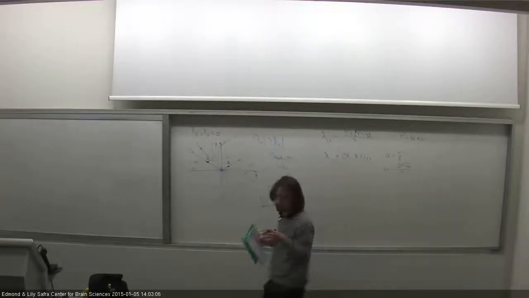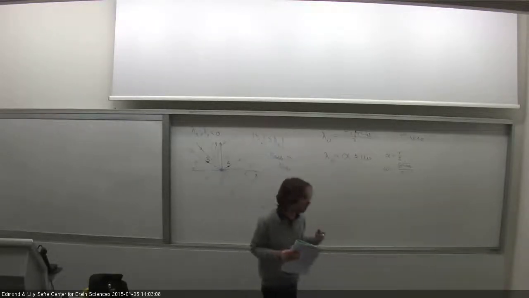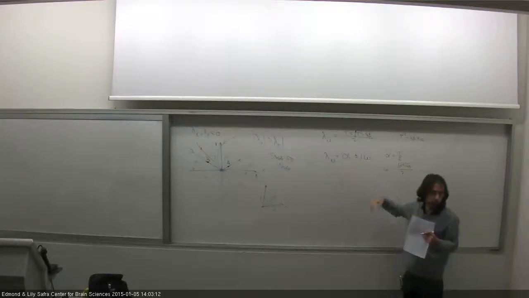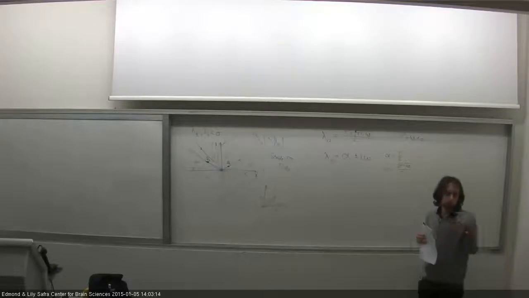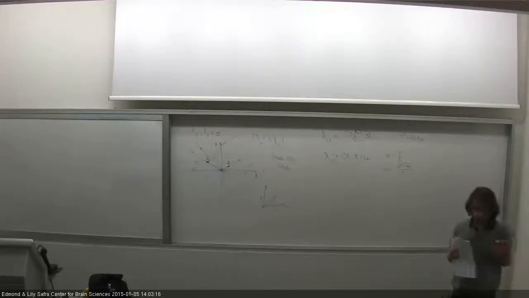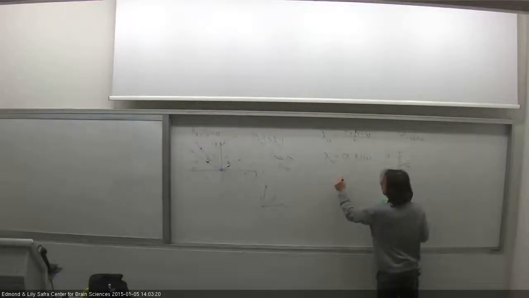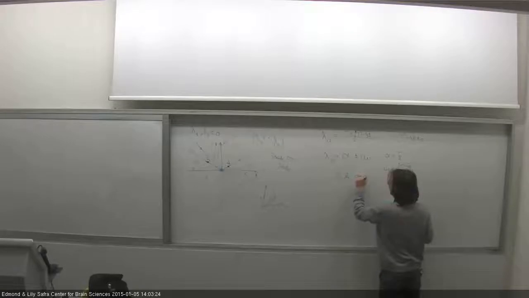So our general solution still holds, only now our eigenvalues are complex. Our eigenvectors are also complex. So v1, v2 are complex, and the coefficients are also complex.